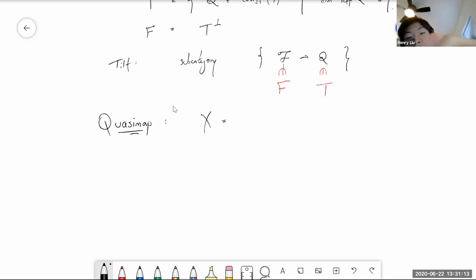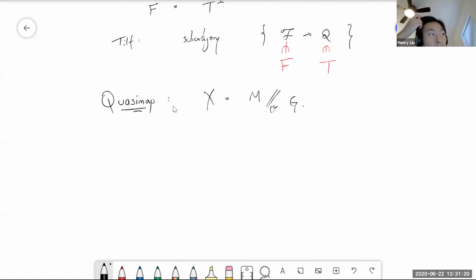We'll reserve this notation for stack quotients. Let's say you have a GIT quotient M mod G. Okay. And so what's a quasimap? It's roughly where you say I fix my source curve C and I want to map it into X. And you say this is roughly the same as a map from a curve C into the stack M mod G.